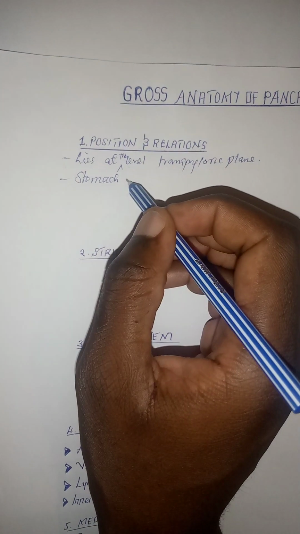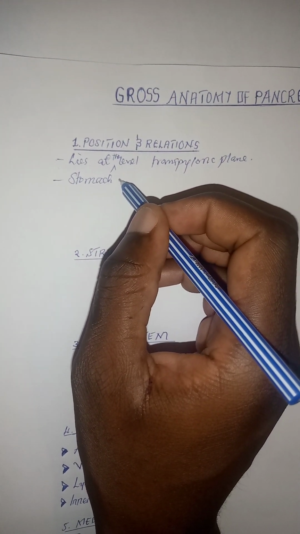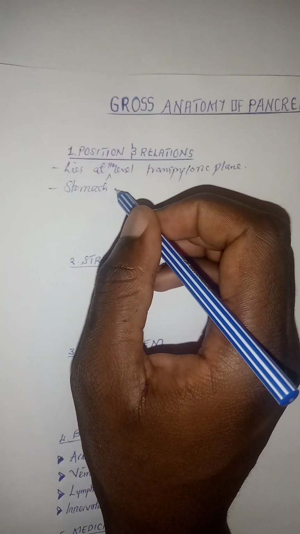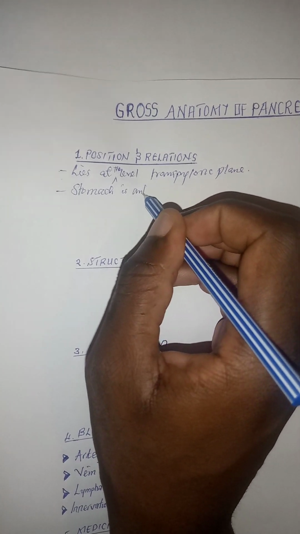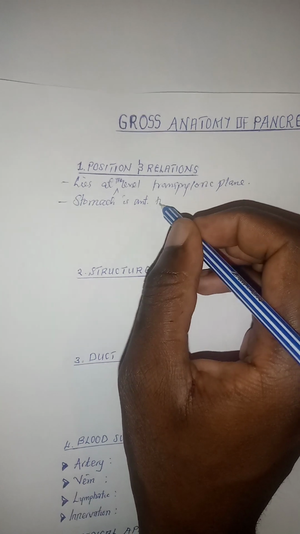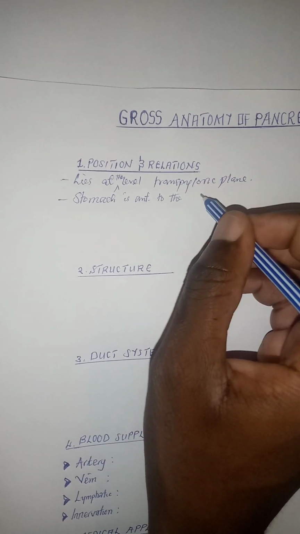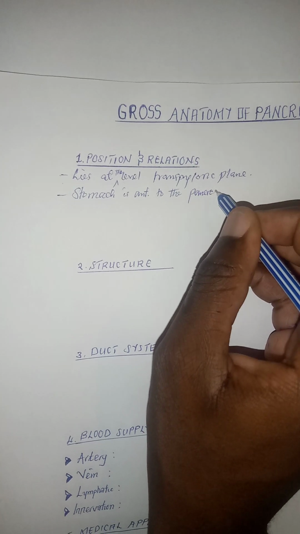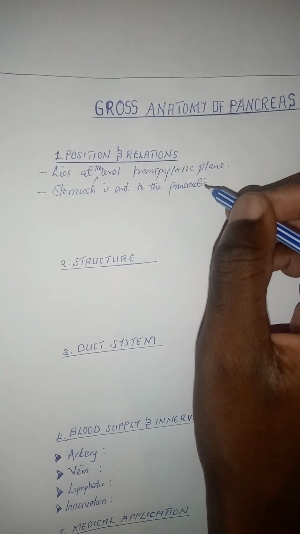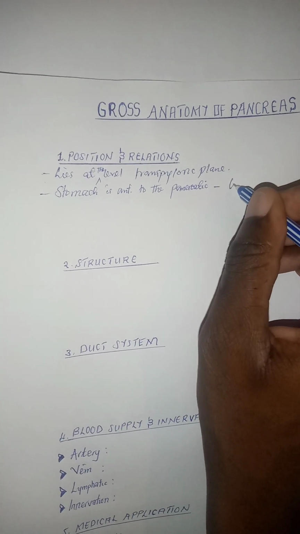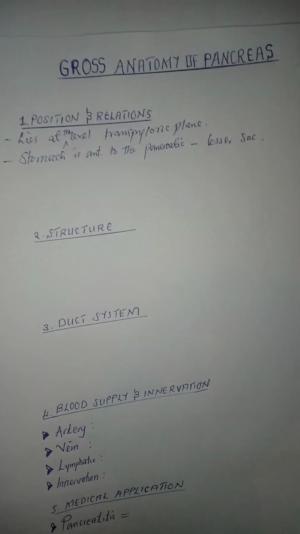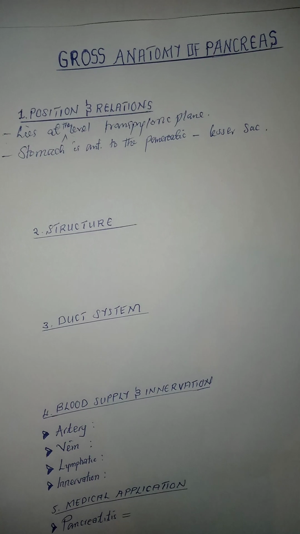The stomach lies anterior to the pancreas, and it's connected to the pancreas by the lesser sac.